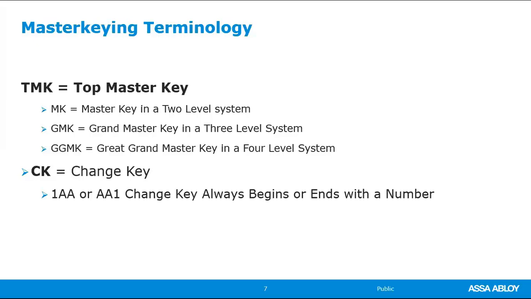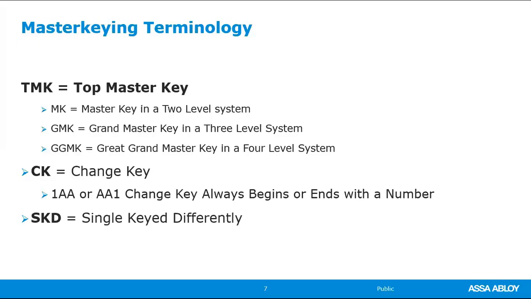If you're looking at a label and you have letters in front of a number, that is a change key. It doesn't matter if it's A1, AA1, ZA2, GGMK1. It's a change key. That's something that you always have to keep in mind, and we're going to cover that more in depth in just a moment.